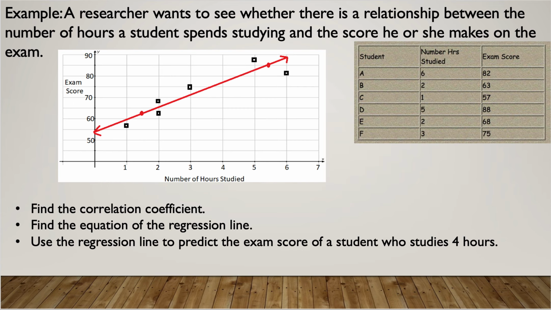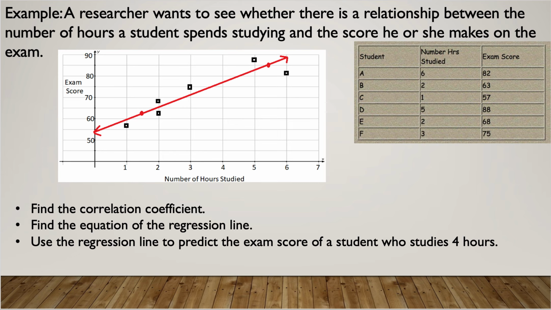But before I do that, I want you to realize that to find the correlation coefficient, we are going to be using our calculator. And you will need to check with your instructor to see how to do that on your individual calculator.